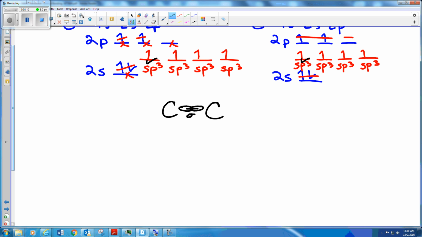It's probably got a spherical shape, a little dumbbell shape. I'm just going to make mine look oval. Okay, so when each carbon in ethane contributes its very first hybrid electron, it will form a sigma bond in the middle of the molecule. Now I'm going to take the other sp3 hybrid electrons and place them around each carbon.